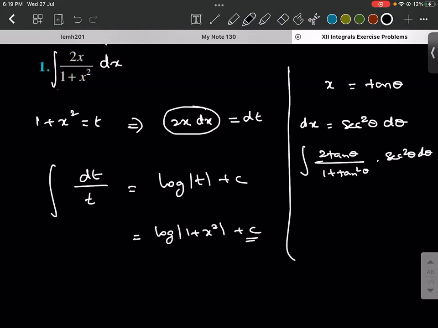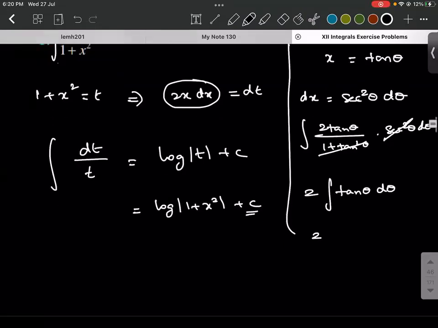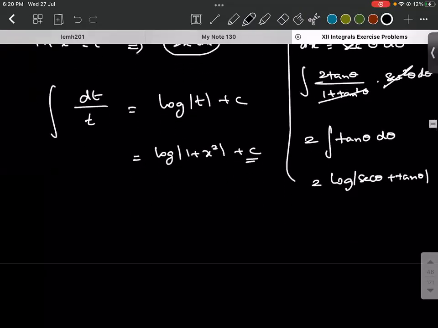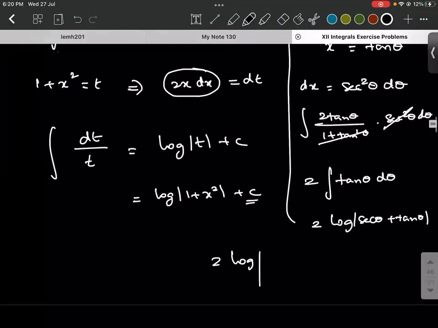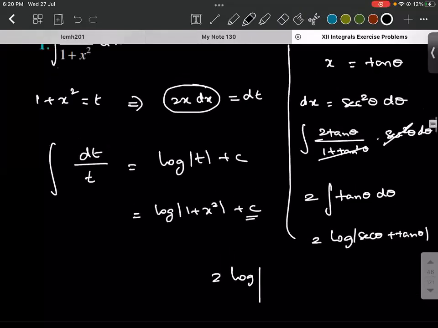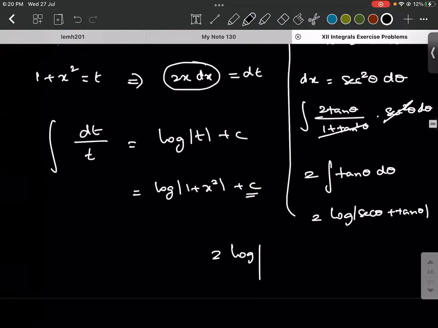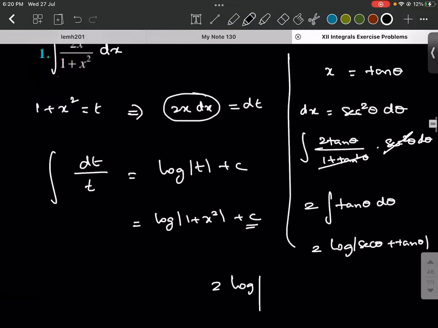Did you write that step? So secant square theta and this will get cancelled. 2 times integral of tan theta d theta. Just now we saw what is the integral of tan theta, that is log of secant theta. So 2 into log of secant theta. You will get the same answer, but it is an unnecessary complication. So secant theta, if I know tan theta is x, what is secant theta?